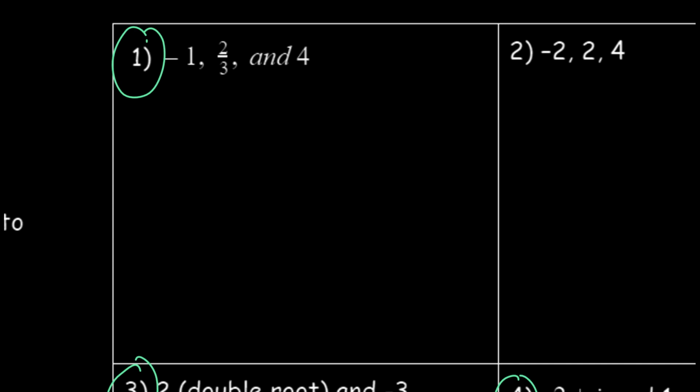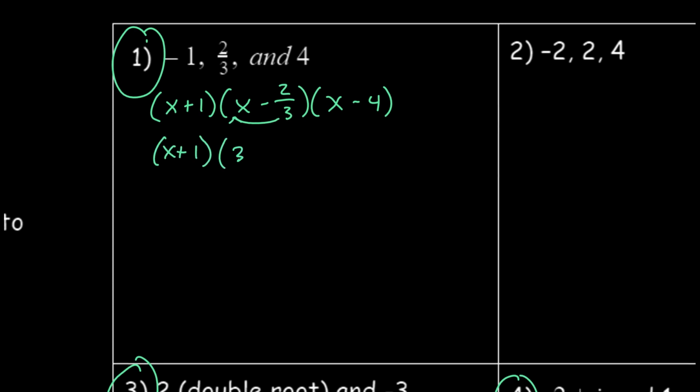What are my factors going to look like? Right here, at this step, what can I do to get rid of that fraction? What do we do when we're factoring and then we divide by a and it doesn't work out? You kick it. You can do the same thing here. This becomes x plus 1, 3x minus 2, and x minus 4.